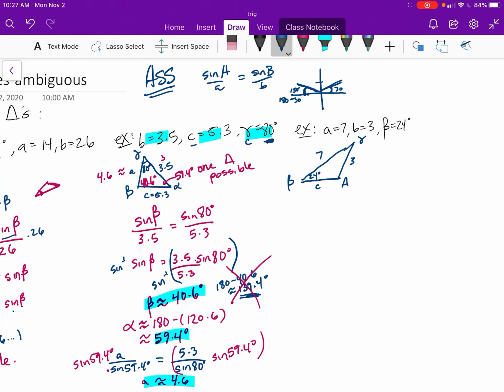Well, picture this 7. I know I need to keep this 24 degrees. So visualizing, there's something 24, and then I kept this as 7. The only other thing given is the fact that this lowercase b is 3. Well, suppose I took that and I swung it out this way instead. So I'm going to draw 3 like this.